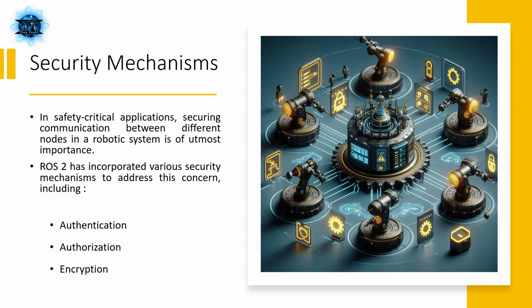And coming to the authorization, what is the authorization exactly is deciding what actions are allowed. Why it is important in ROS2 in robotics? Once robots know who they are talking to, they need to make sure that those robots only do things they are allowed to do.